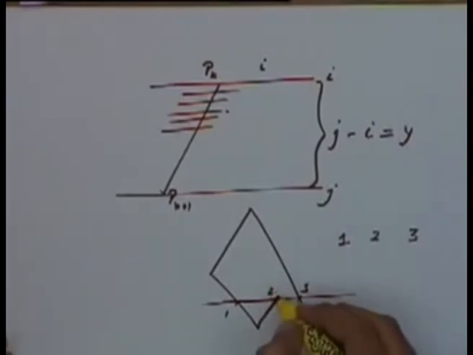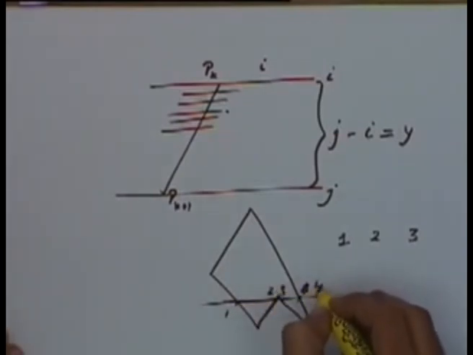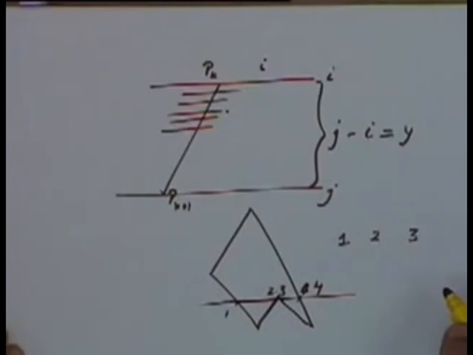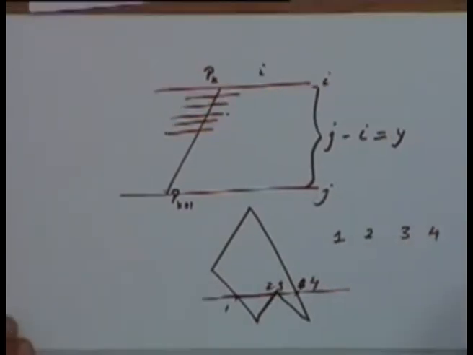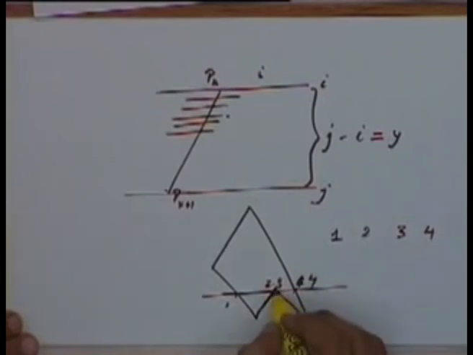At this point we should consider it has two intersections, because there are two edges, so we should consider them as two intersections. So 1, 2, this would be 3 and this would be 4. Then there will be no problem. So in such cases you should consider this as two intersections.